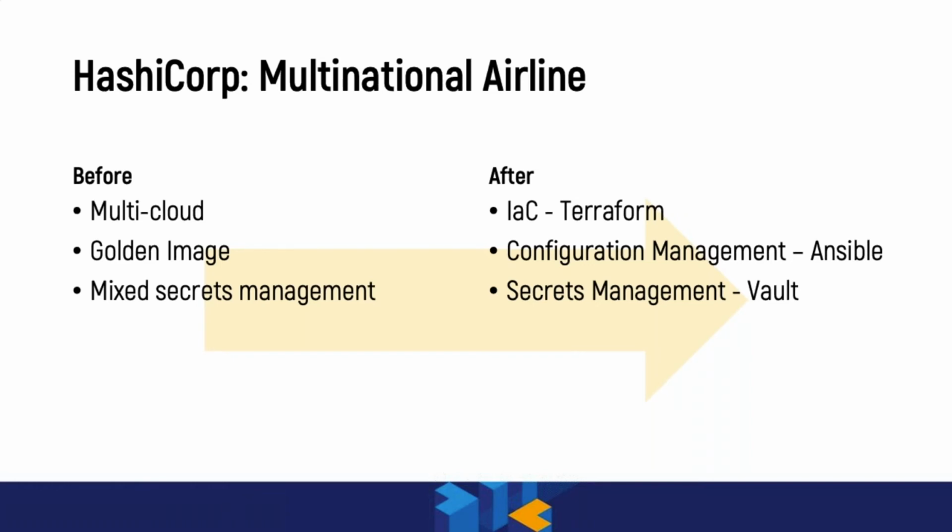They moved from having a golden image that was a large bash script that was often a challenge to run to actual configuration management with Ansible, and their secrets management that was mixed between different providers, they could centralize on Vault and start to extend that secrets management as part of their automation process. And it really starts to give a lot back to not only the developers who are working on this, but the operations teams that have to develop alongside it, and people who are delivering the solutions as part of their business case.